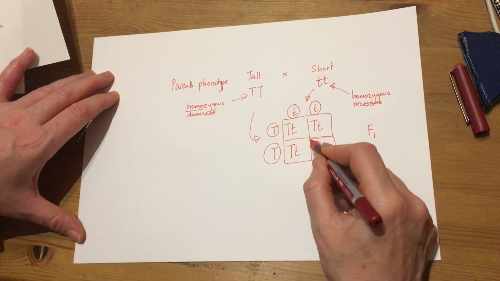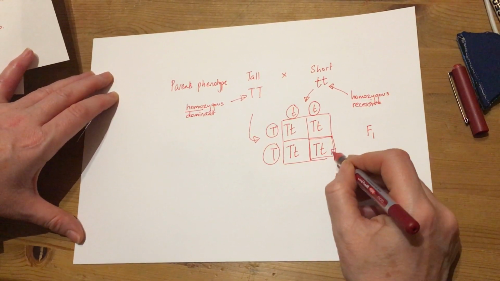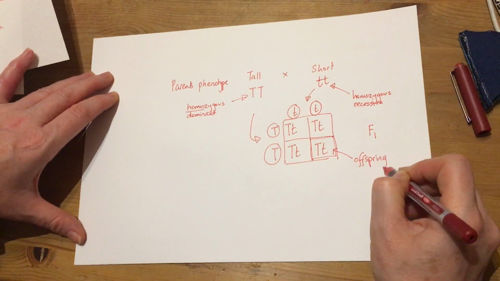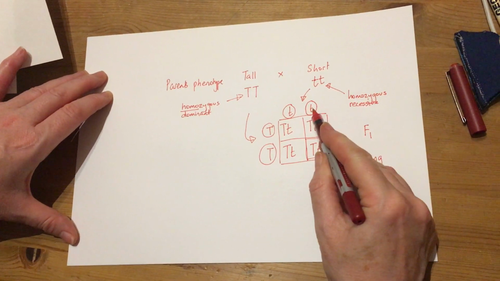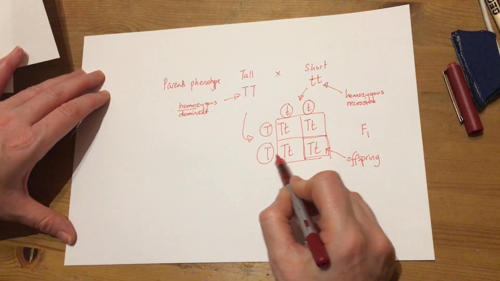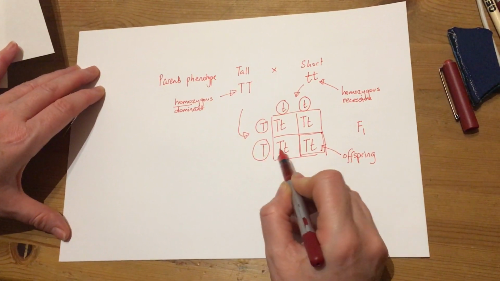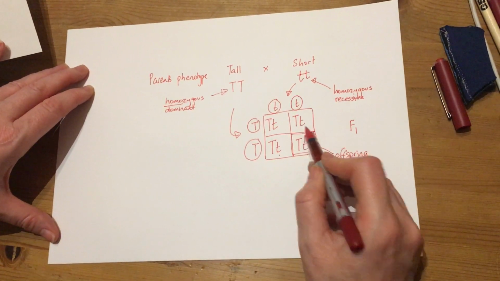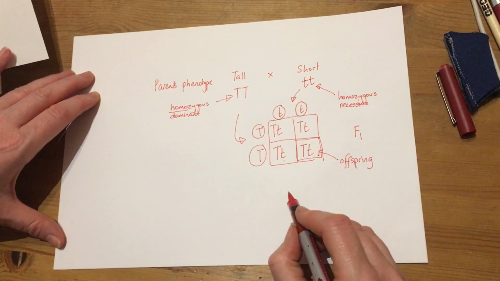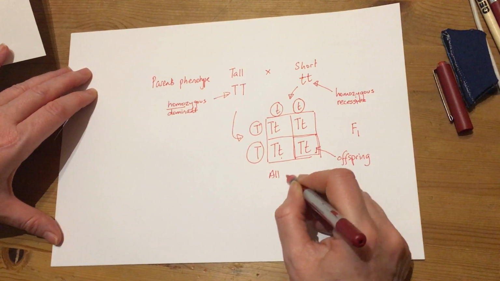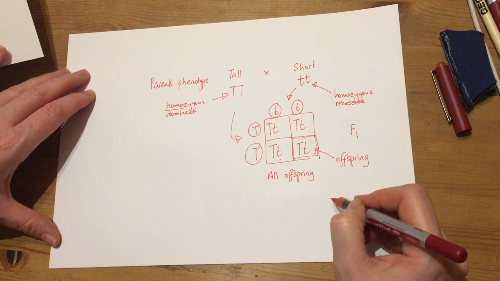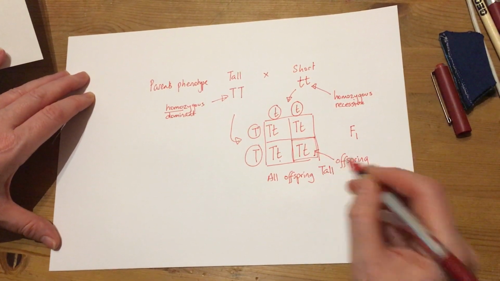So each of these squares represents an offspring formed by the fusion of this gamete and this gamete for this square, this gamete and this gamete for this square, and you work it out for each of the squares. So in the F1 generation, all of the offspring are big T, little t, which is tall.